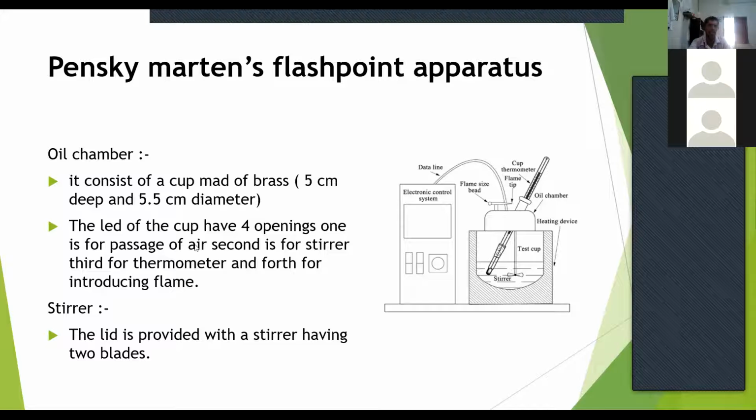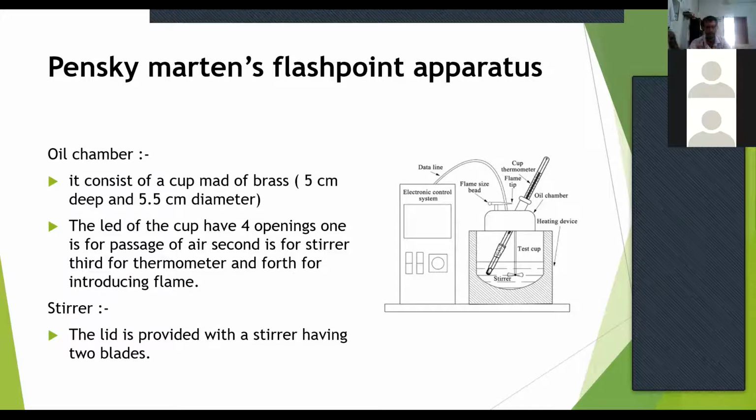Each hole has a certain purpose. One is for air to pass. It is normally closed when we heat up the sample.